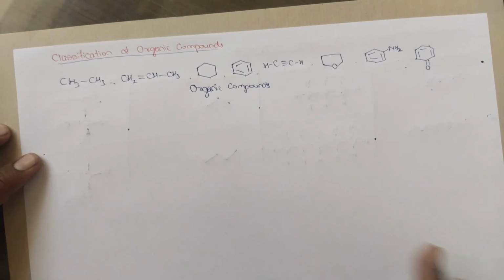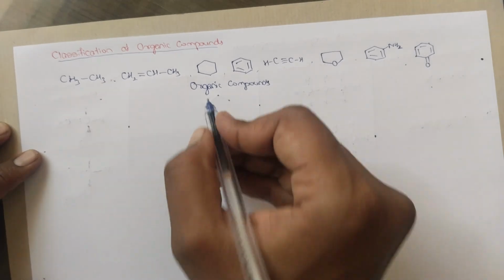These are some examples of organic compounds. Now classify these organic compounds.